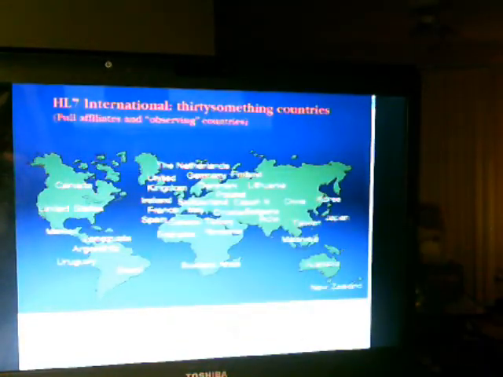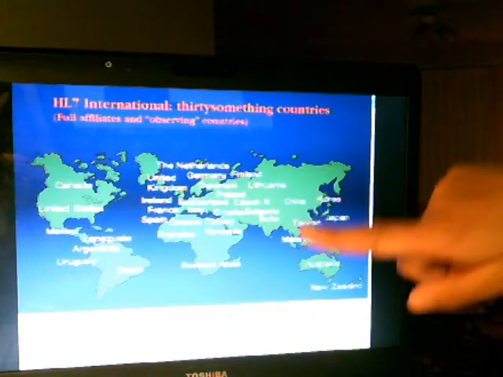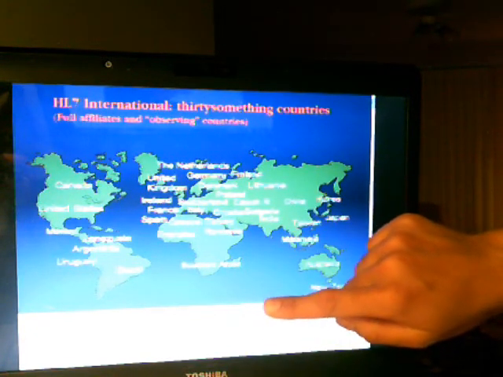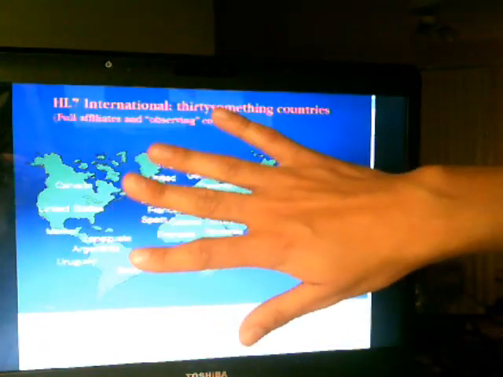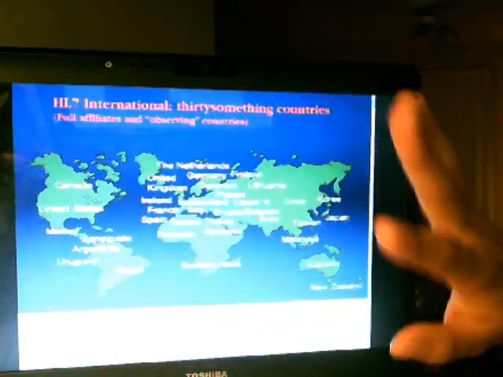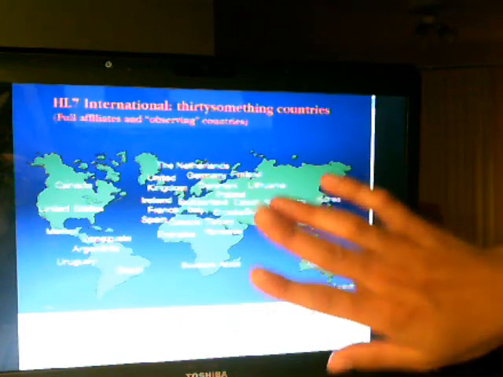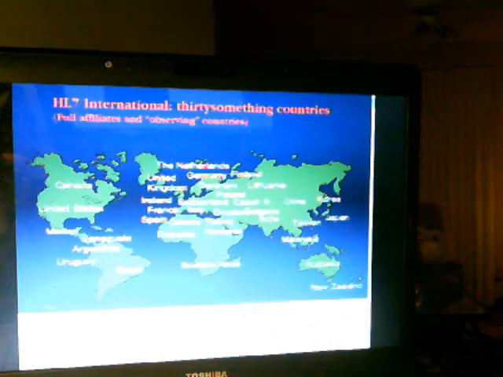These are the countries in the world that are affiliated with HL7. The study shows that 45% of the global membership is located in Europe, then 35% in North America, 15% in Asia, and 5% elsewhere. As you can see, almost half of the world is affiliated with it.